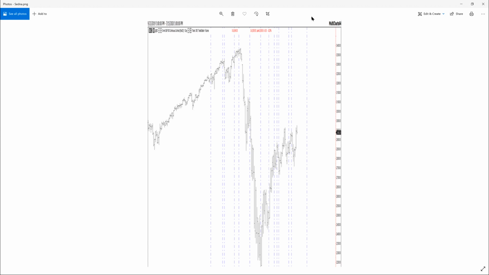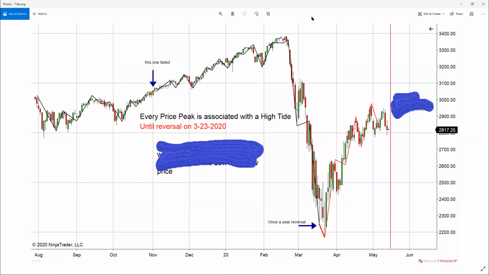You always want to keep Sedna in mind and know when Sedna is going to change speed. And the last segment we're going to look at today is this particular chart illustrates the tidal pattern that we've discovered. There's an oscillation in the tides, and it creates a high-low swing pattern on the S&P.